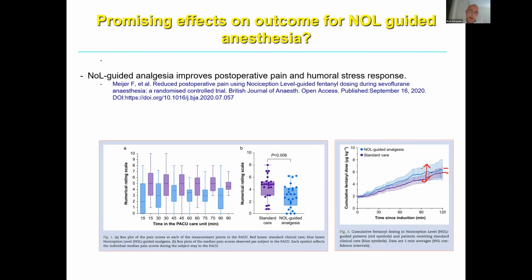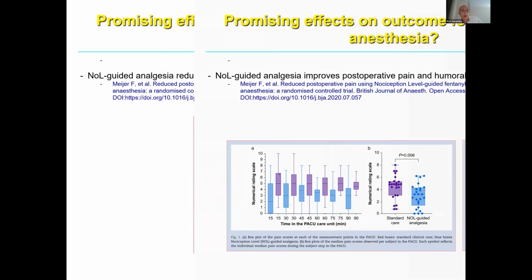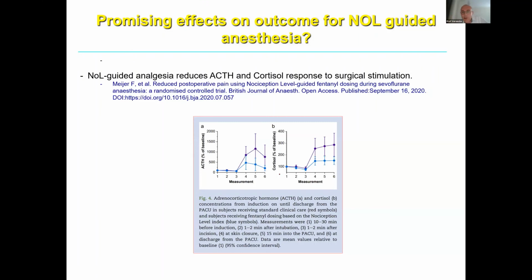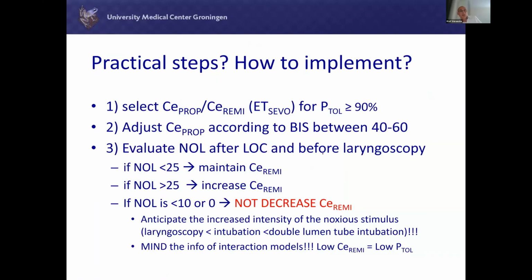And very interesting, the immediate pain scores were better in the NOL-controlled group. Very promising outcome study. And in the same study, you also see with blood sample analysis that certain stress hormones indicate that the humoral stress response was also less activated in the NOL-guided group. Very promising results.